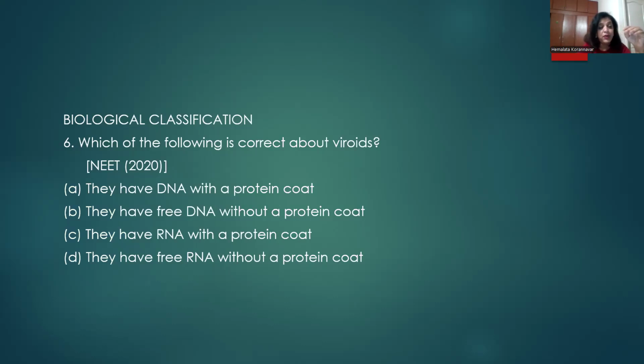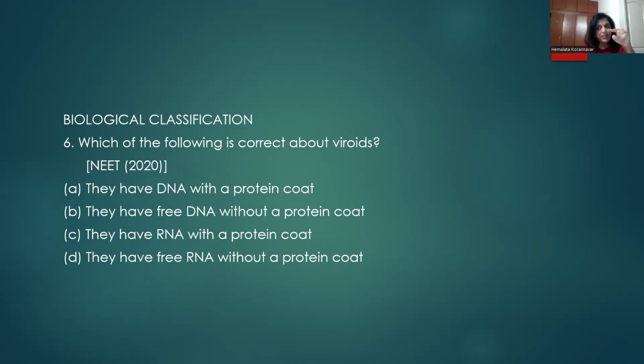Now we are talking about viroids, asked in 2020 NEET. What is correct about viroids? They have only nucleic acid, which is RNA. They cause a disease called PSTD, potato spindle tuber disease. Therefore it's a viroid disease of plants. Now the options. They have DNA with protein coat: wrong, that would be a virus.